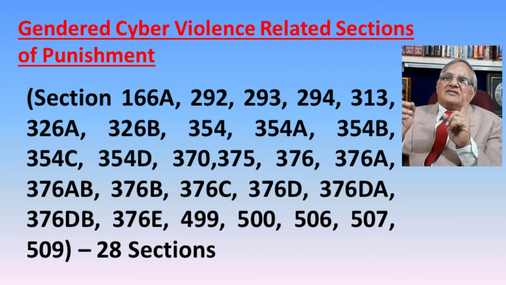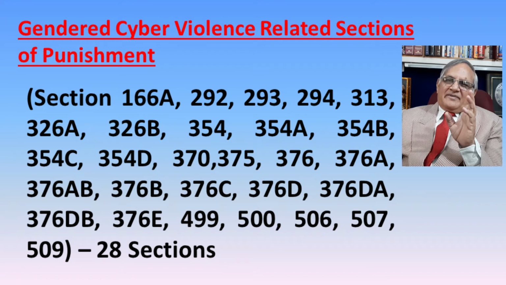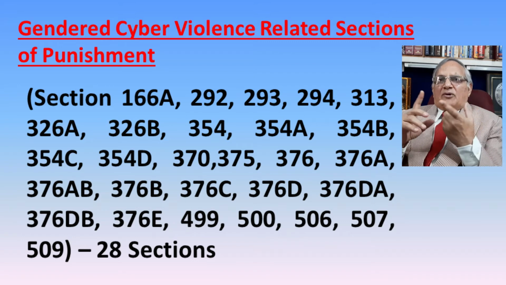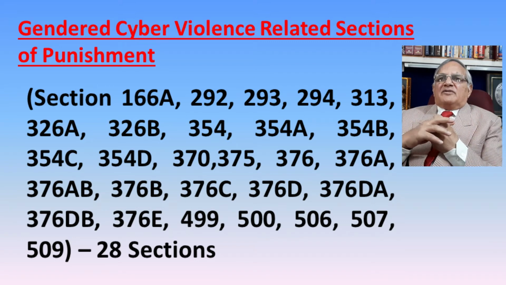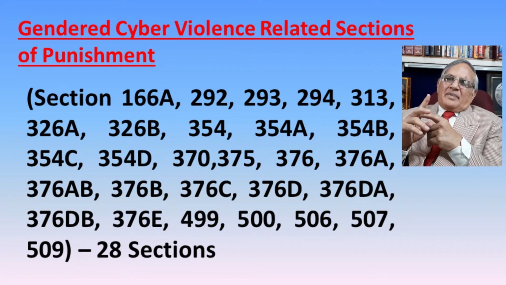Then section 326B, that is voluntarily throwing or attempting to throw acid. If the hurt is grievous, then the punishment is minimum 5 years, but which may extend to 7 years, and it's cognizable, non-bailable, not compoundable. Important is 354. 354 is assault or criminal force to a woman with intent to outrage her modesty.